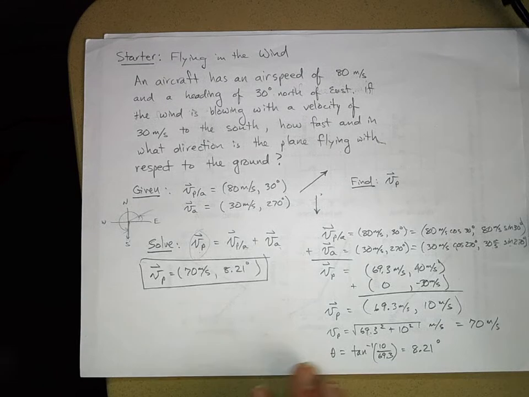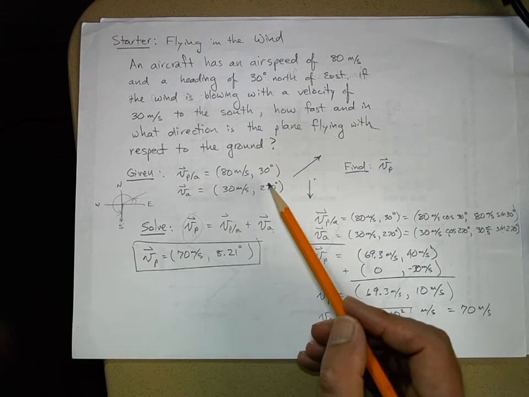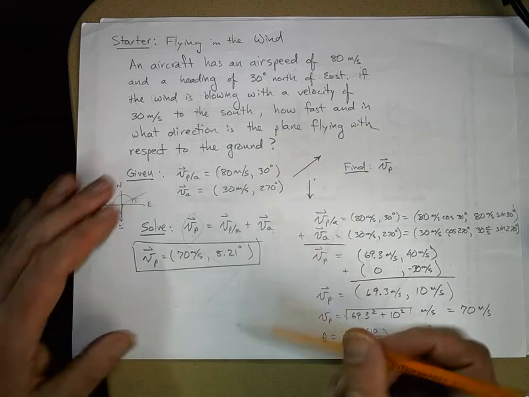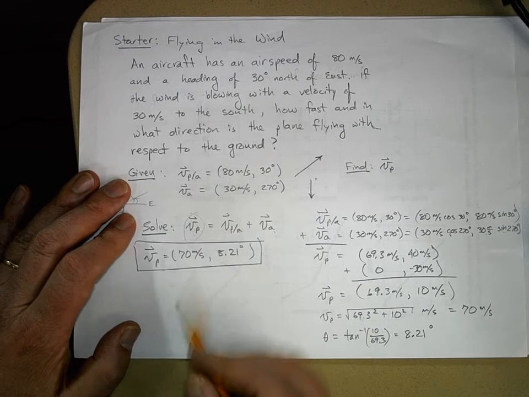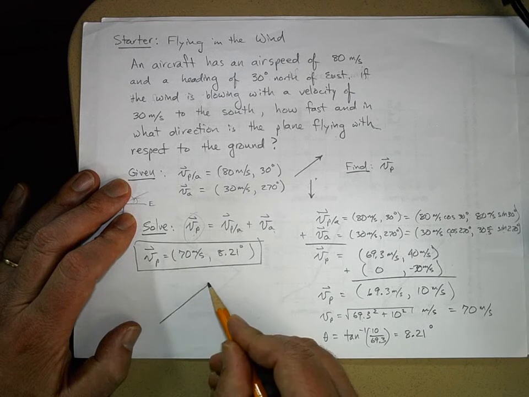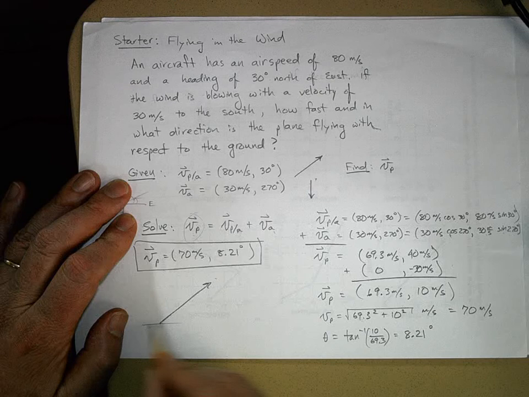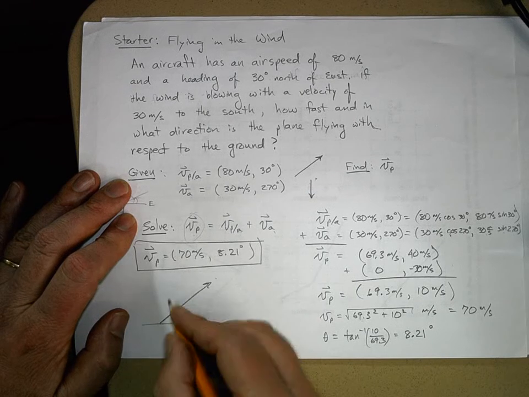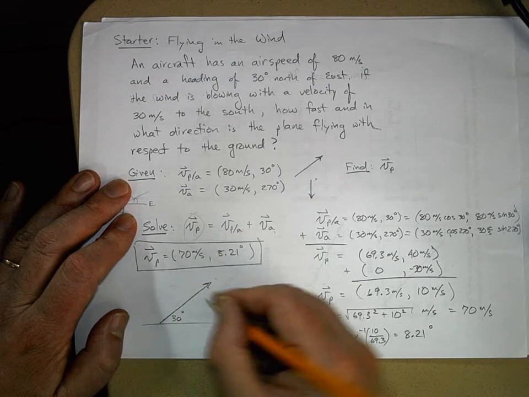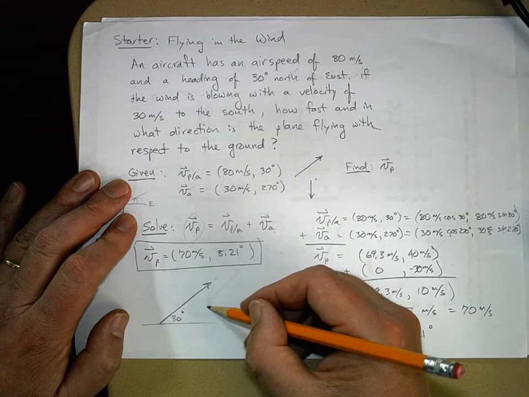Now let's draw a sketch, make sure this is right. So here's 80, the velocity of the plane compared to the air. So we'll say this is 80, and then this is 30 degrees. And then this is due south at 30, so there's half, so it's a little bit less than half.